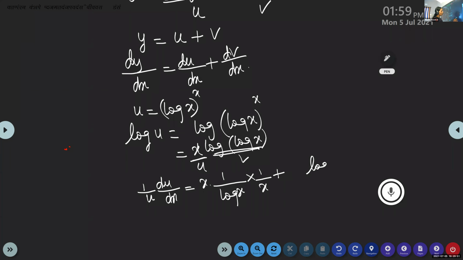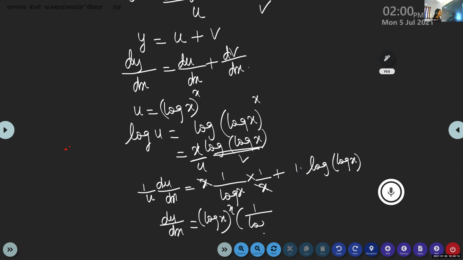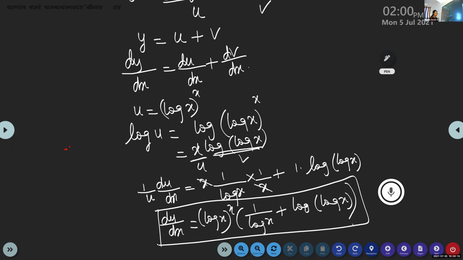Plus, you keep log of log x as such, and the derivative of x is 1. Here x will get cancelled. Therefore du by dx is equal to u, which is log x raised to x, into 1 by log x plus log of log x. So this is our du by dx.